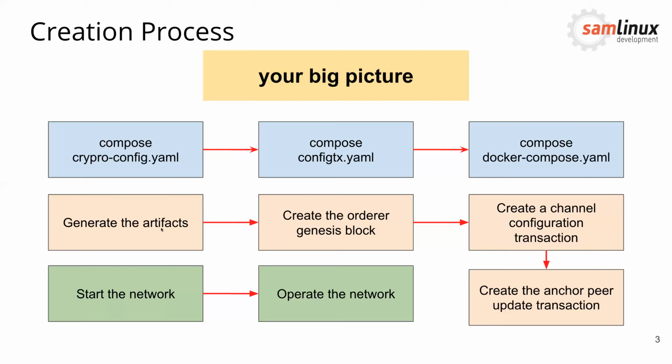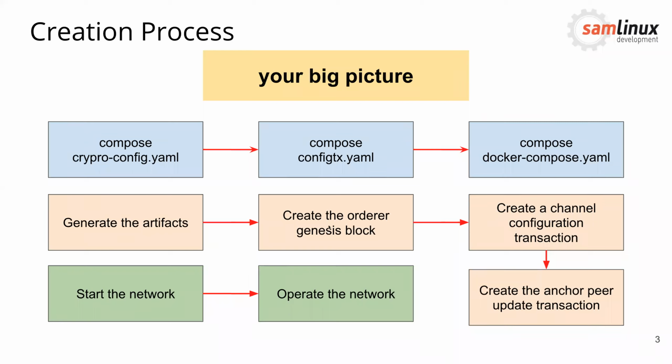So we have to generate the certificates, the private keys, the public keys, and so on. For this, we will use cryptogen. Again, this is a tool for development and prototyping, and it's a replacement for Fabric CA or any other system where we can generate X509 certificates.